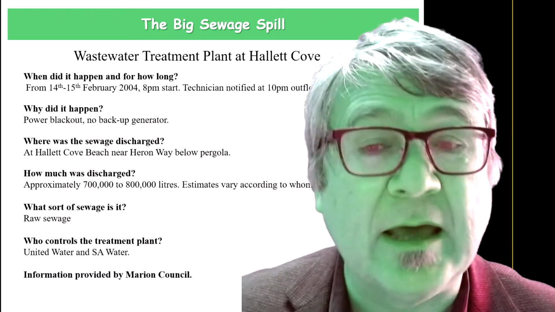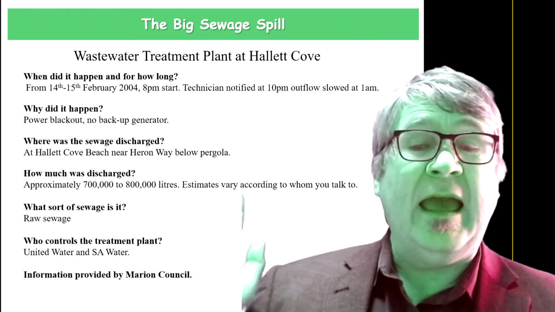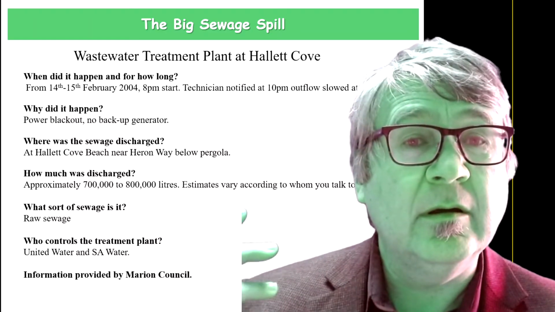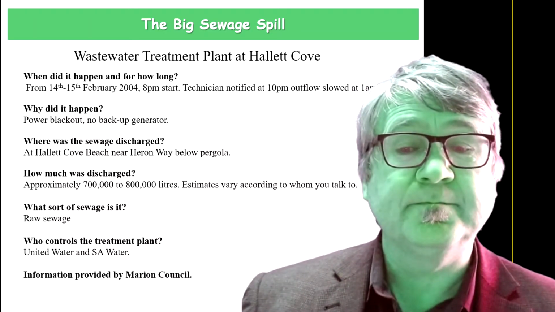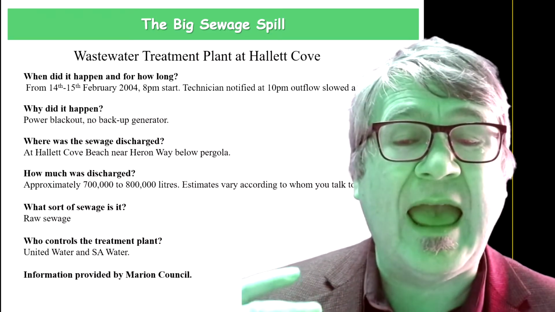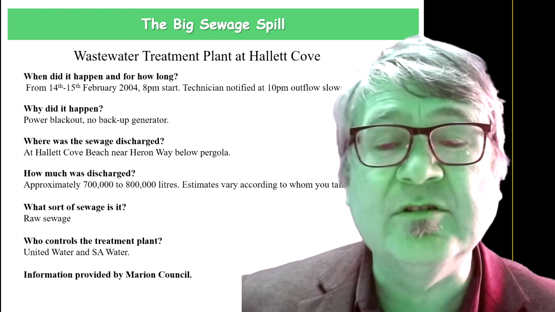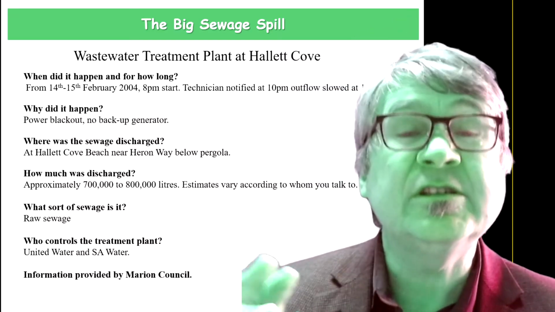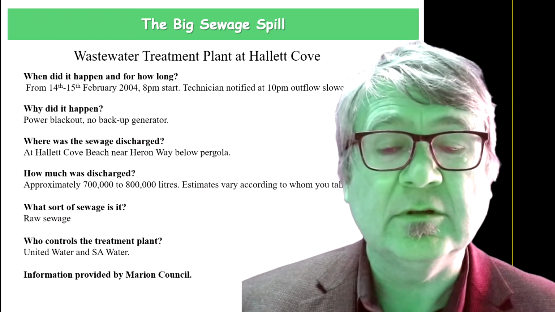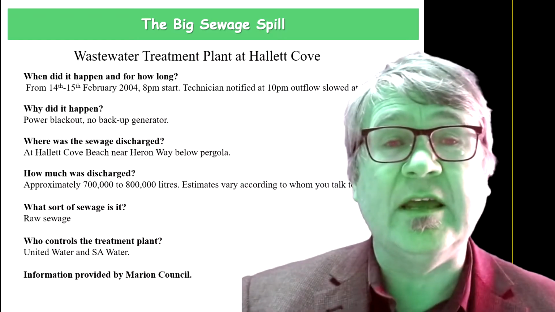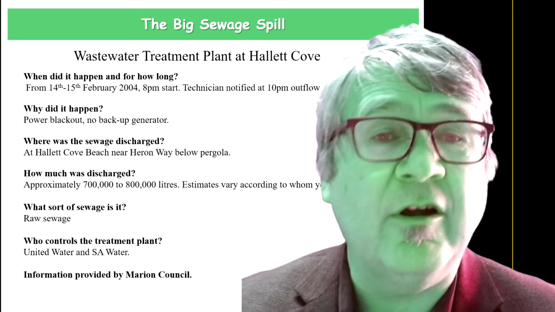Power blackout, no backup generator, Hallett Cove Beach, and they had to discharge 700,000 to 800,000 liters of raw sewage. So there was the release of raw sewage into the environment.